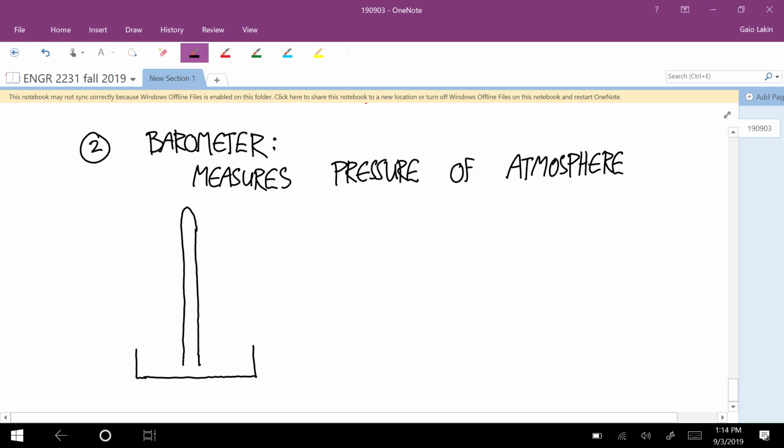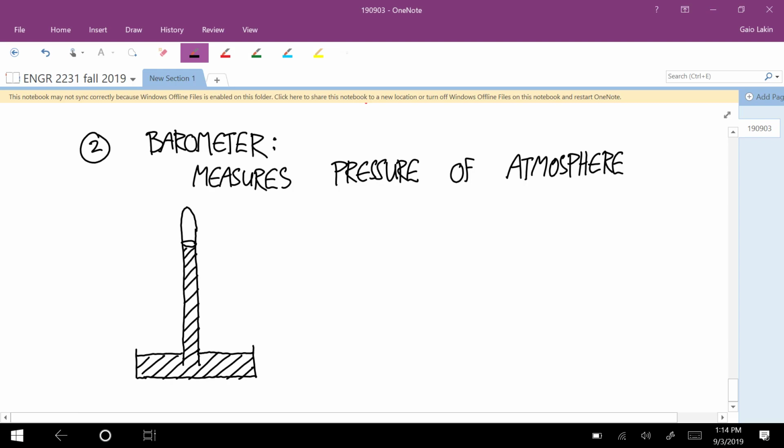This is a cross section, basically, so it's like a round shape, square cross sectional shape or whatever. And you have a liquid in here. And the liquid rises some distance up the tube.